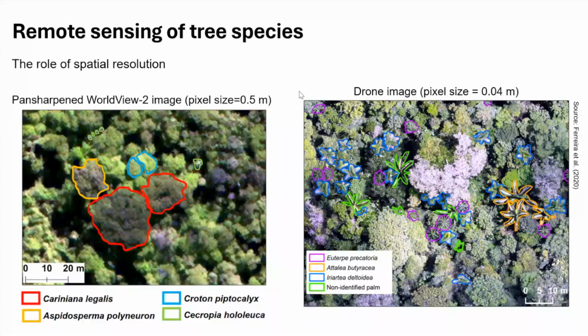Here on the right, you can see a drone image that was acquired over an Amazonian forest, and we identified all species of palms in this image. And here you can see that the image allows us to identify different species of palms, and this is because we have a 4 centimeter resolution.